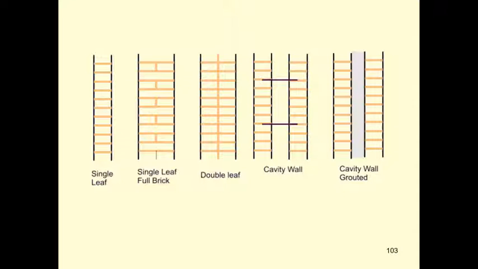When you build the brick into a wall, you have many choices. Typically in Thailand, we use the single leaf because we mostly use brick as a space divider between rooms, or as a partition to divide the space into rooms.